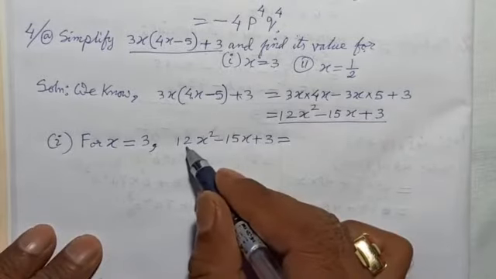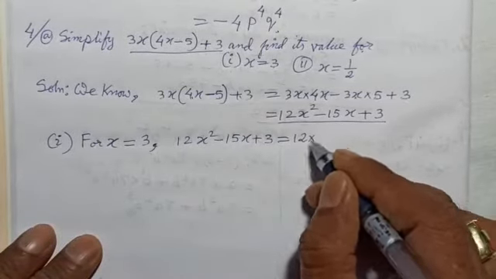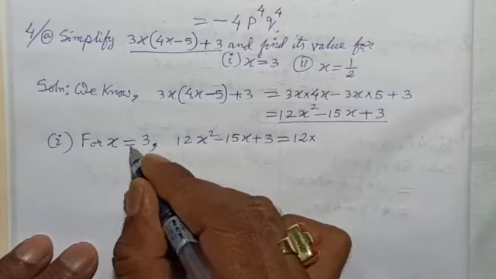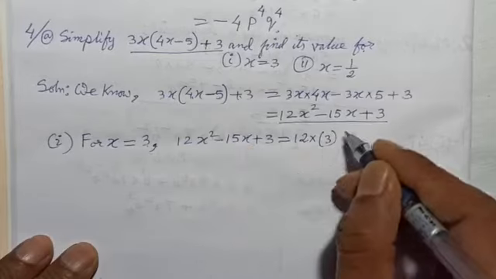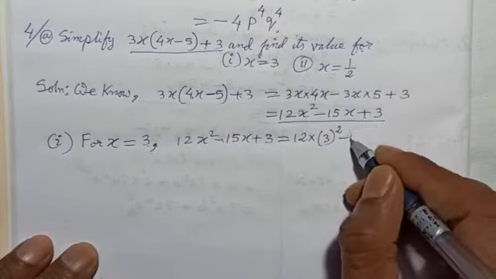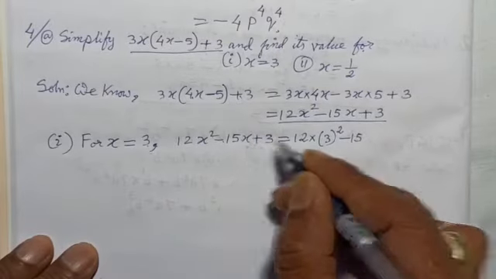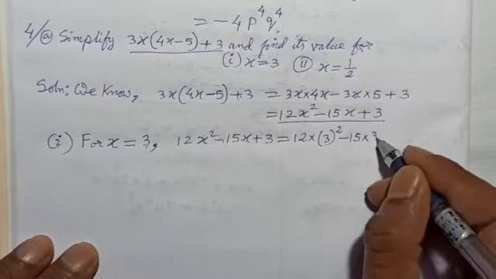So here the first number is 12, then x is 3, so 3 power 2 is there, minus 15. Here there is multiply, so x is now 3, then plus 3.